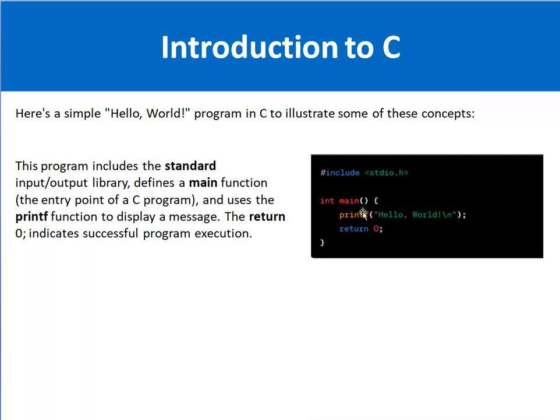Then it uses printf hello world. So printf basically displays the message hello world on the screen. Then return 0 returns the value 0, which indicates a successful program execution. Here it is an int return type, so it will always return integer values.